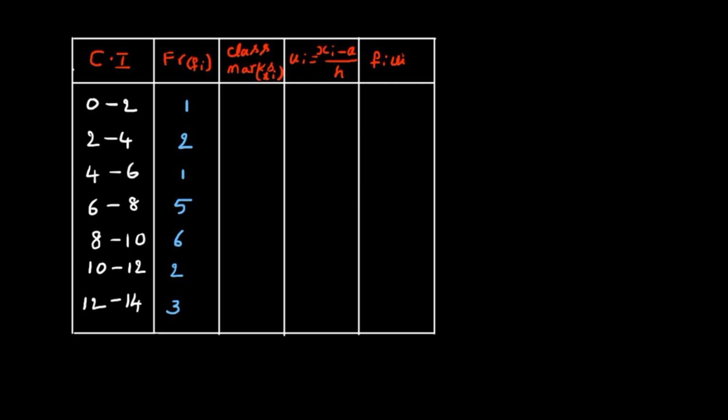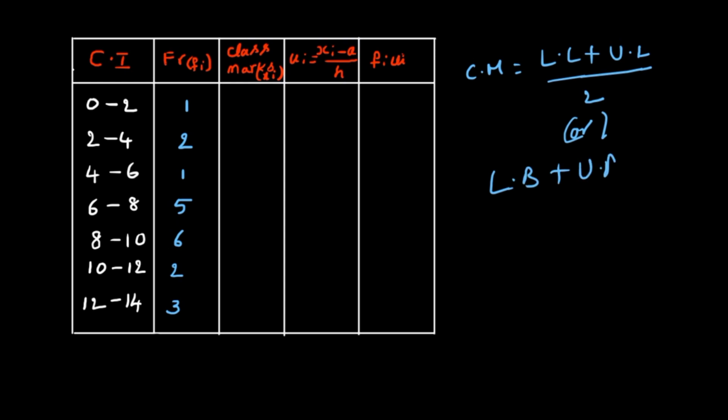Now how to find the class marks? To find the class mark, here is a very important formula: lower limit plus upper limit by 2, or lower boundary plus upper boundary by 2.